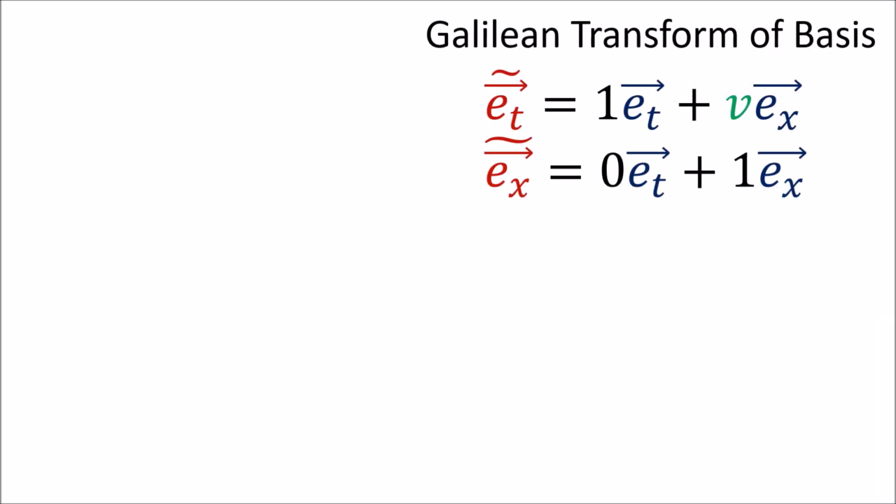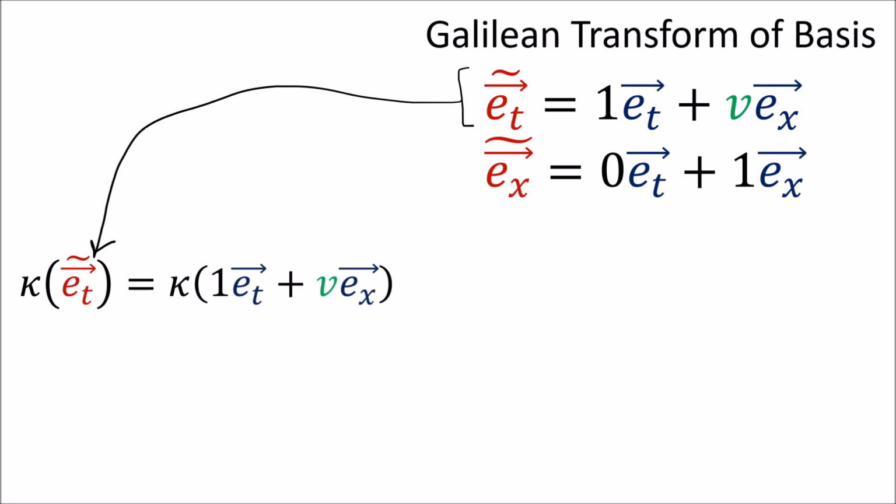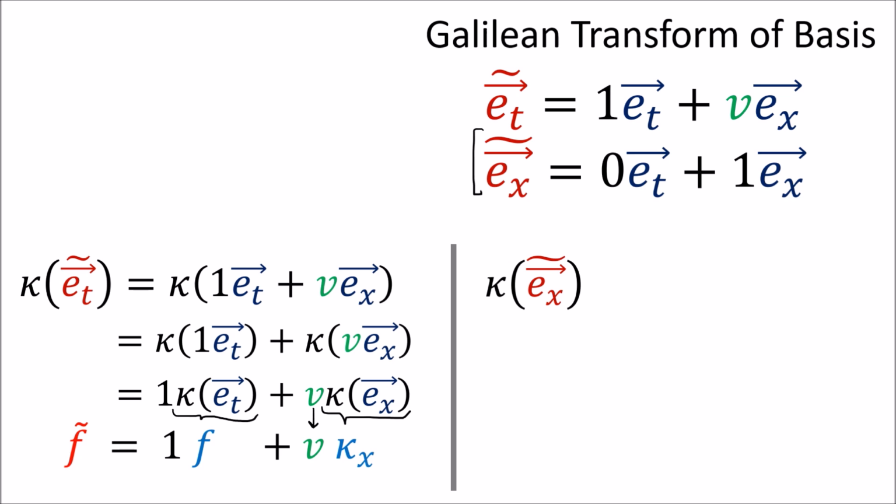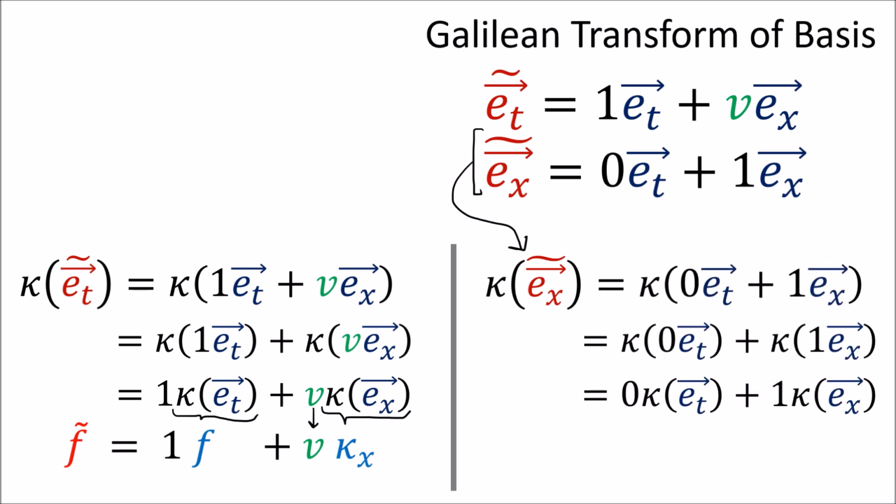If we want to know how many wave stacks the car's e_t tilde basis vector pierces, we can just substitute this formula for e_t tilde. And by the fundamental covector laws, we can move addition and scaling outside the covector. So we now have a formula to get the frequency of the wave in the car's frame. It's just the frequency measured by Einstein plus the speed of the car according to Einstein times the wave number according to Einstein. We can also get a similar formula for the wave number measured from the car's perspective.